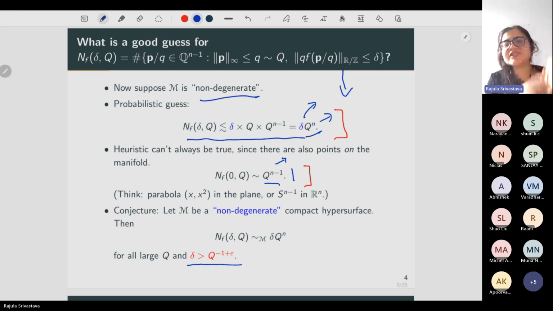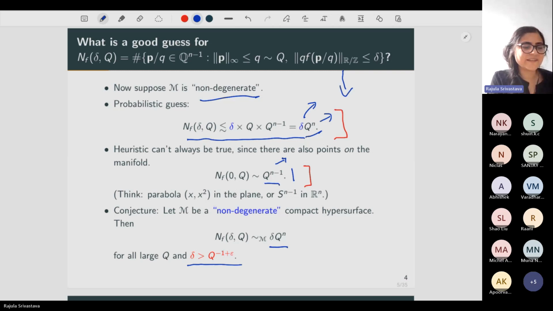So basically, the conjecture we would like to prove is, suppose we have a compact hypersurface M, which is non-degenerate in some sense. Then at least for delta bigger than q inverse, so we are sufficiently away from the hypersurface, this should be a guess for the rational point count in a delta neighborhood of the hypersurface.